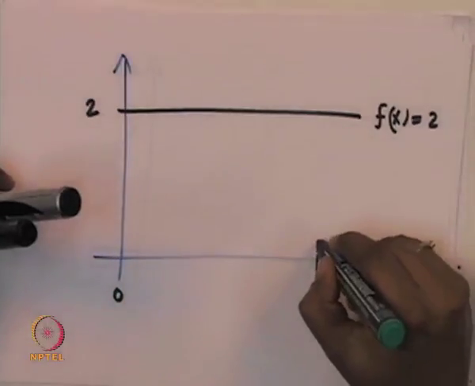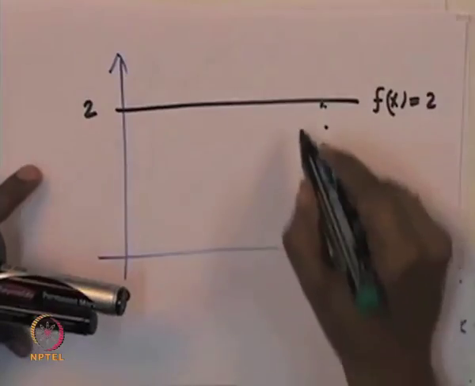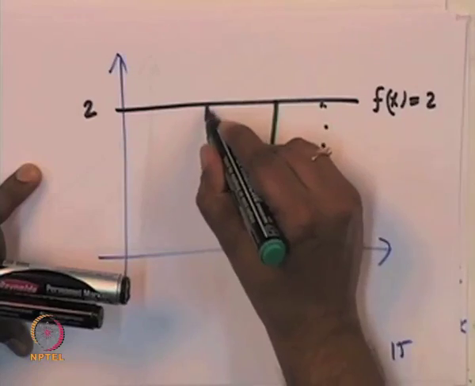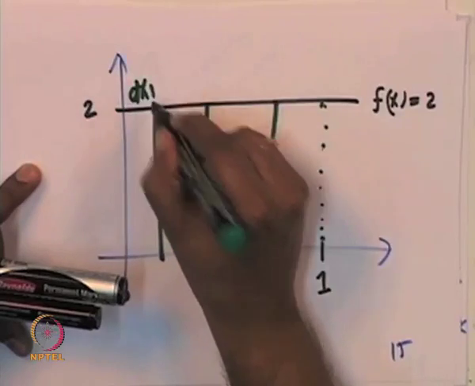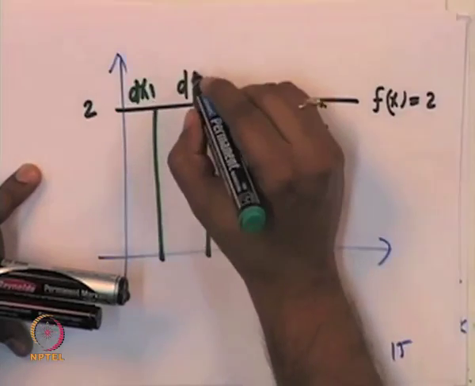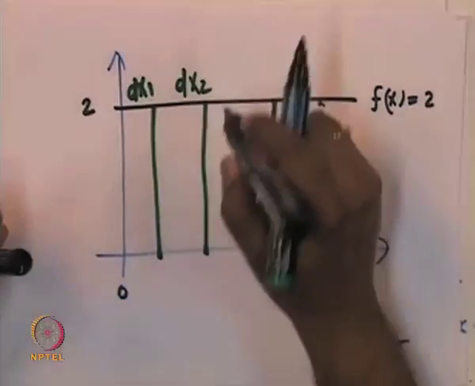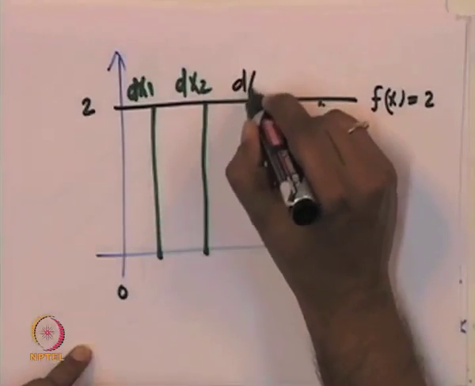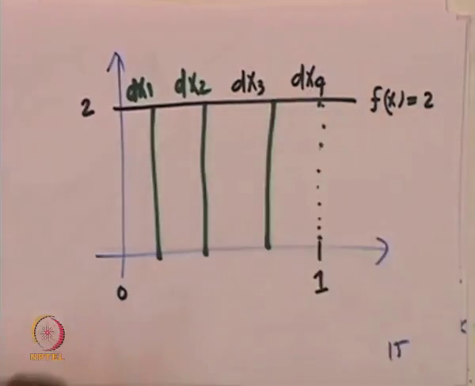This is the point at 1. So, this is one box, dx1, dx2, dx3, dx4. dx1, dx2 are intervals.